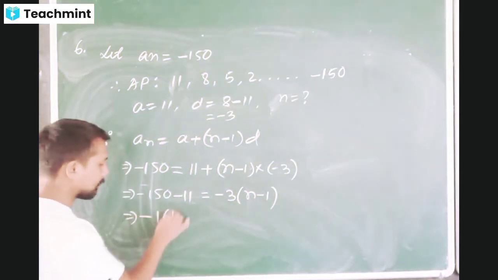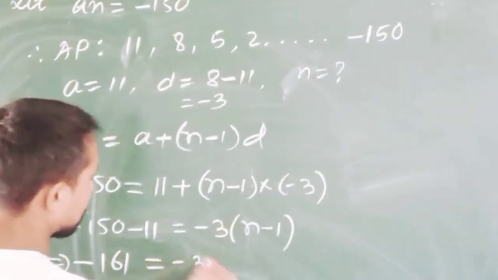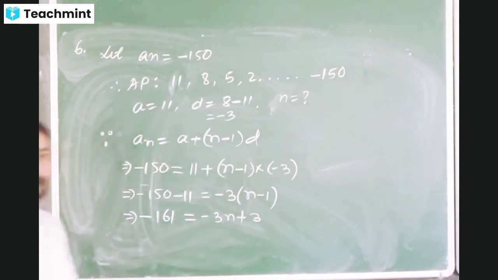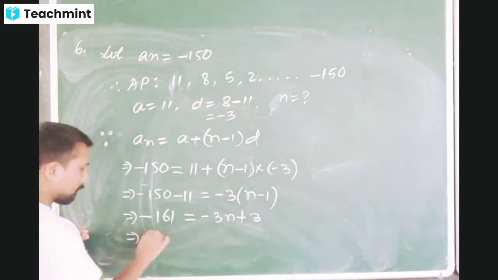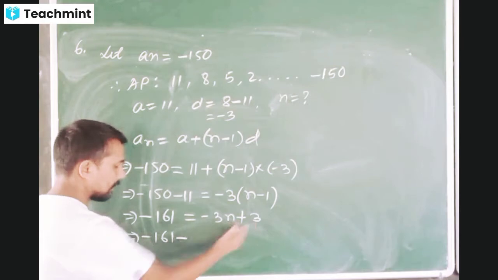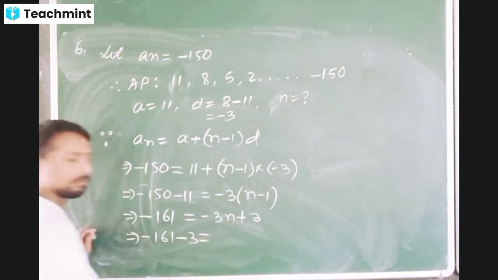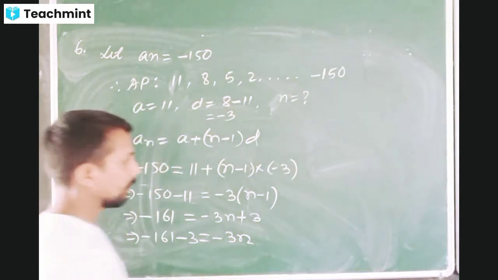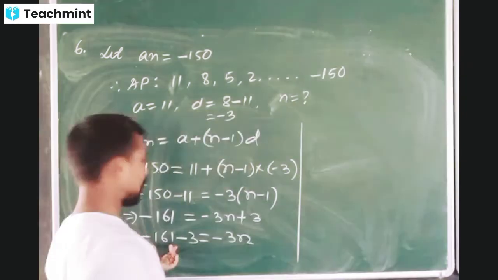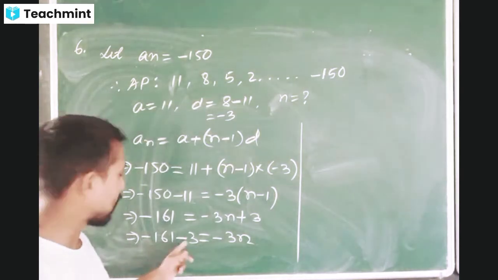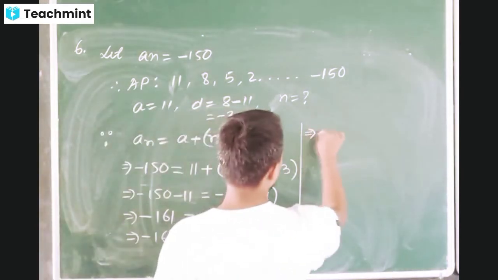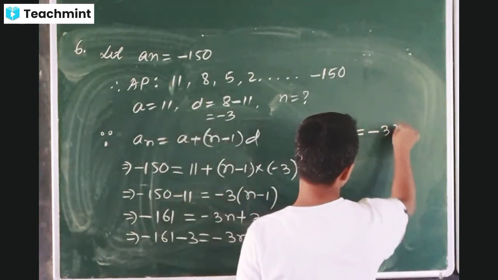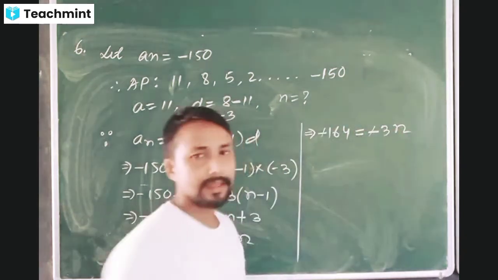This is minus 161 equals minus 3n, and minus into minus gives plus 3. Minus 161, this 3 we can bring to the other side: minus 3 minus 3n. Then we get minus 161 minus 3, which is minus 164, equals minus 3n. Minus can cancel on both sides.